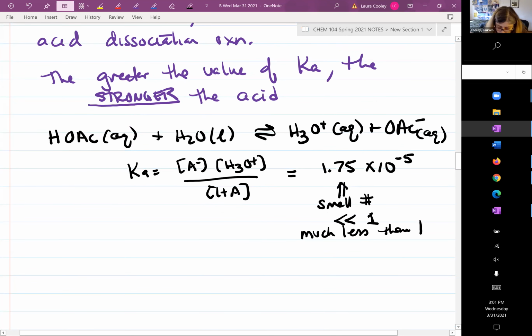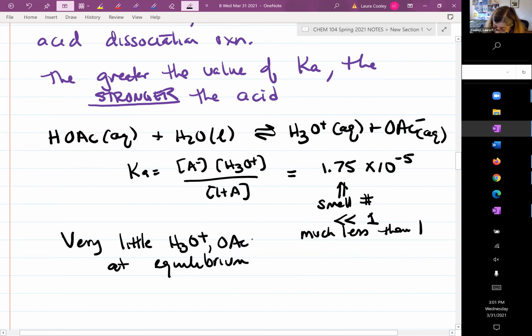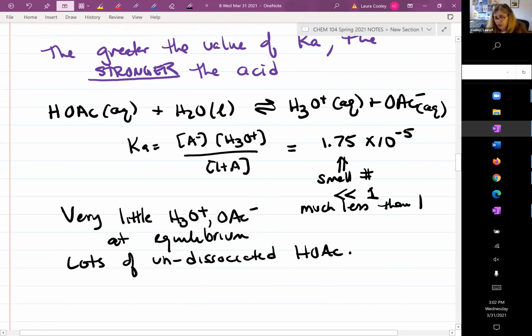And so what that tells us is that there is really very little H3O plus at equilibrium. Very little acetate as well. And there's lots of undissociated acetic acid. So it's an acid, but in that solution, there's really very little H3O plus.